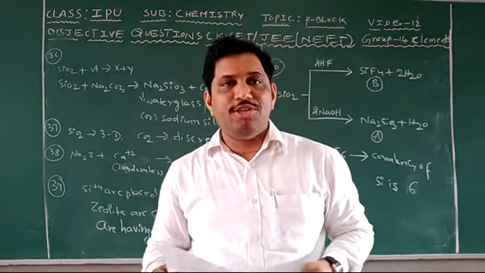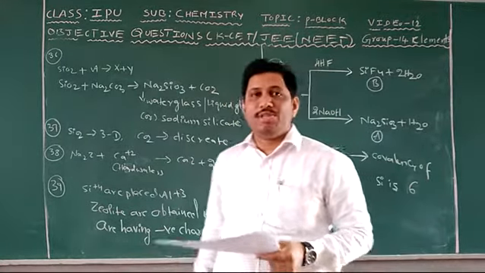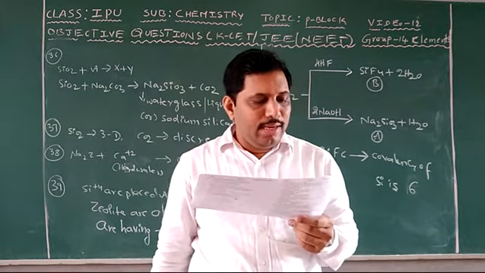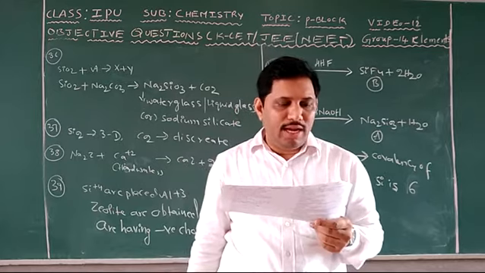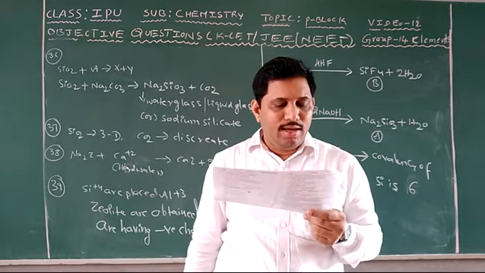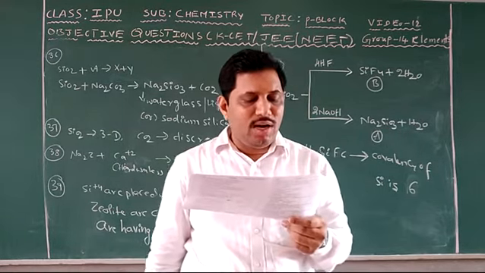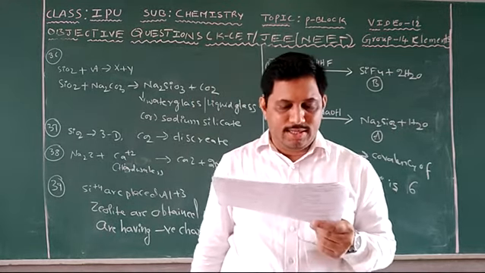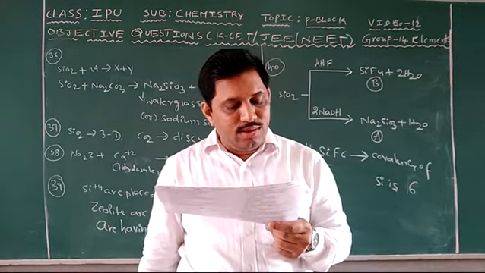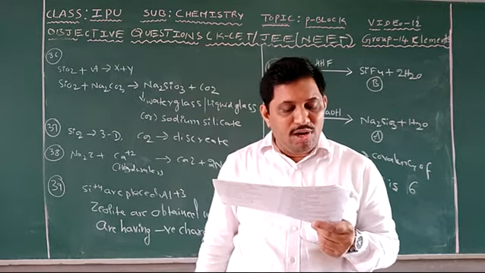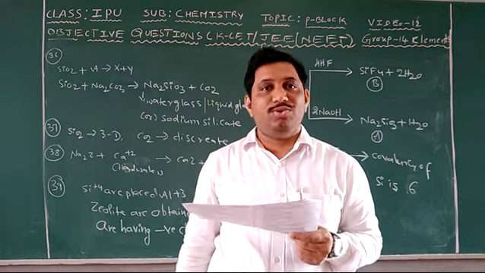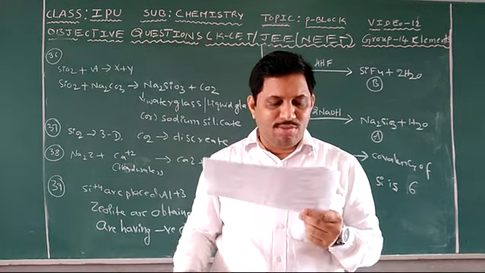Okay, next continuation, students. The question number 36 we are discussing. Silica SiO2 reacts with A to form X and Y. In this reaction, Y is one of the global warming gases, that is greenhouse effect gases. A is the water soluble alkali metal carbonate whose molecular weight is 106. That is sodium carbonate, student. Sodium carbonate has 106 molecular weight.